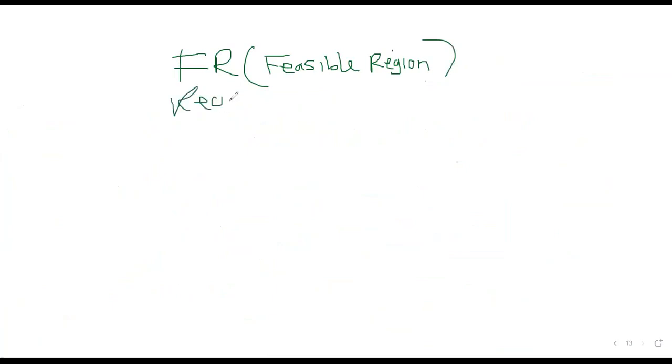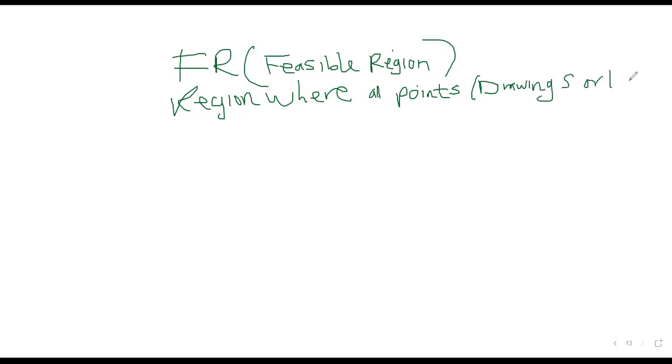It's called the feasible region. It's a region where all points or drawings or lines come together.